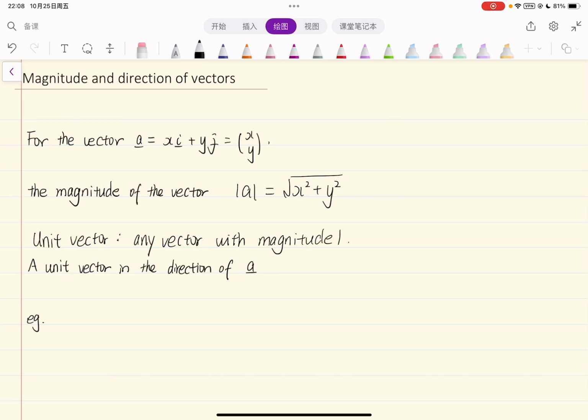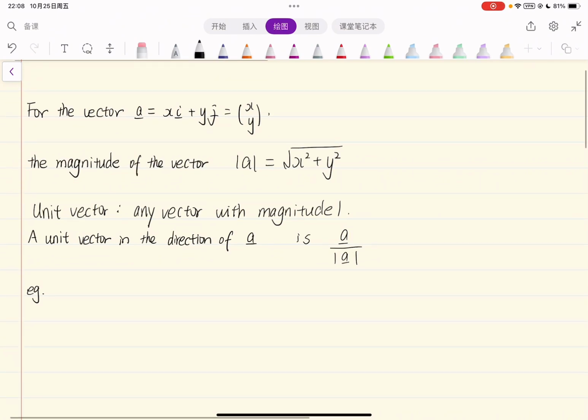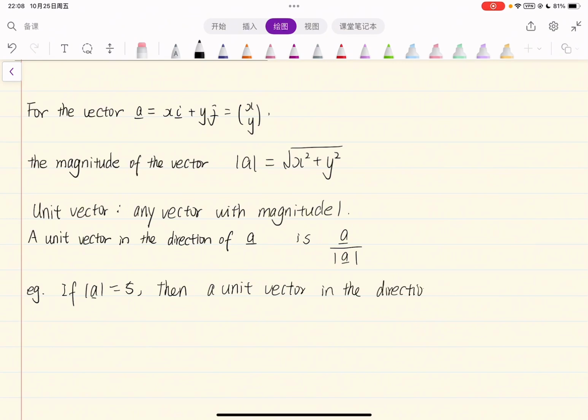Thus, to find the unit vector in the direction of A, that is A over the magnitude of A. For example, if the magnitude of A equals 5, then the unit vector in the direction of A is A over 5.